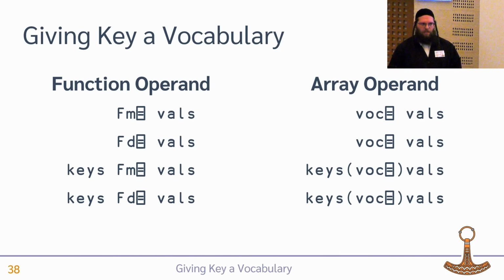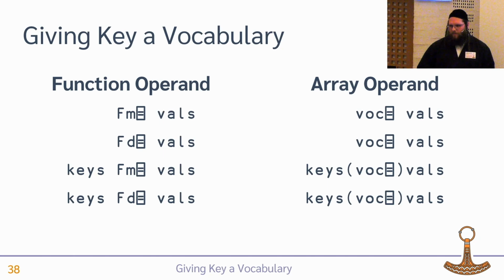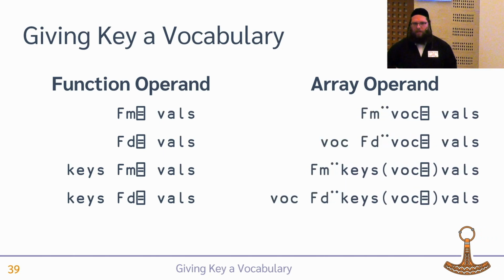And what I'm saying is, if we, instead of giving a function there, we give the vocabulary to key, then we can, again, use the same syntax. You might need to add parentheses because of how binding works, but it's the exact same process. And then if you have a function that you want to apply to it, you apply that afterwards.